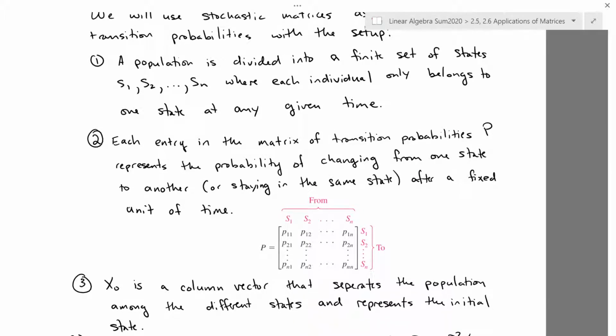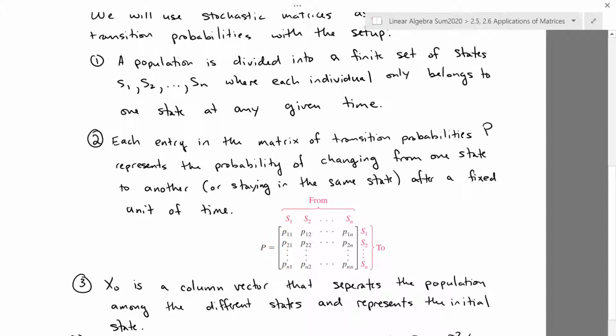Okay, so the second part of the setup is that each entry in our matrix represents the probability of changing from one state to another after a fixed unit of time, say 1 day or 1 year or something. Or the probability could represent staying in the same state. Right, so it's explained in this diagram here.